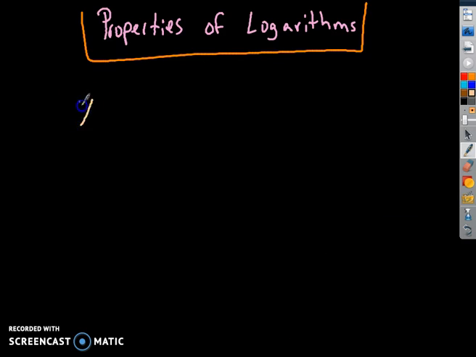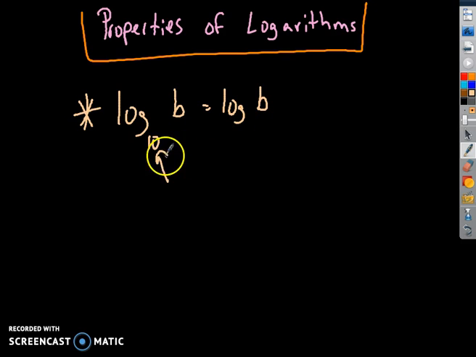All right, next. These aren't really properties, more generally accepted facts. The log has a base of 10. You might know it from previous videos, but just accept the fact that if I gave you the log of b, there's an understood 10 here as the base.